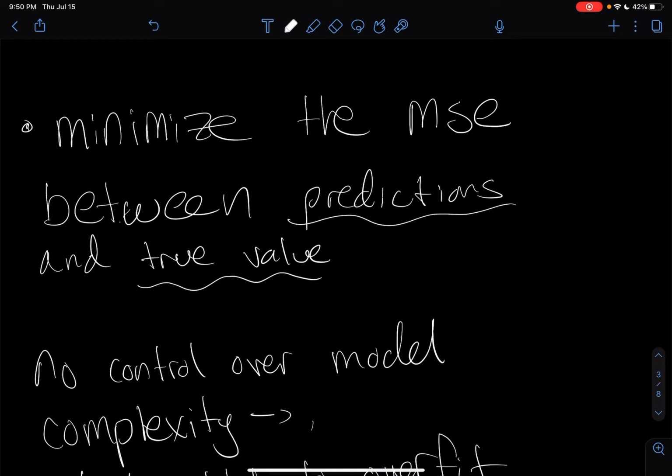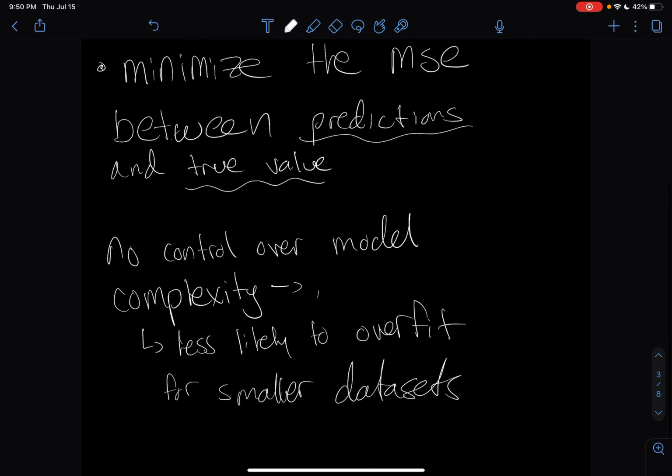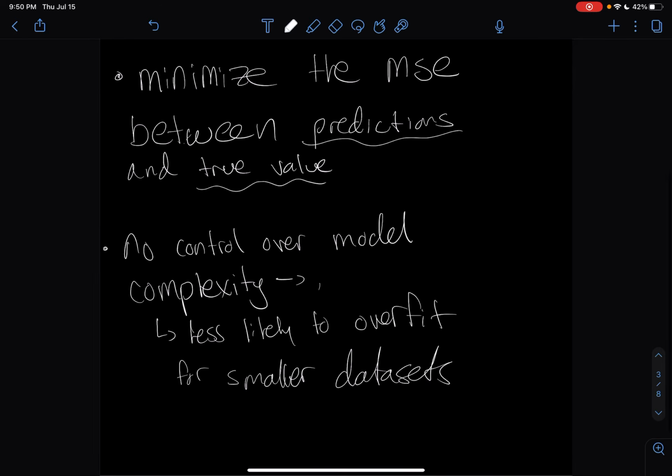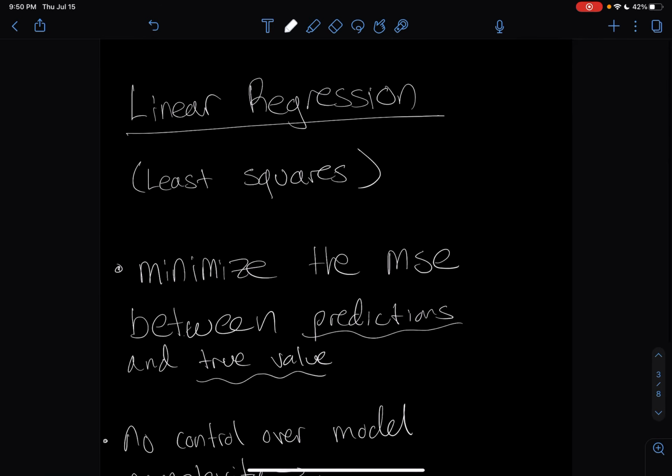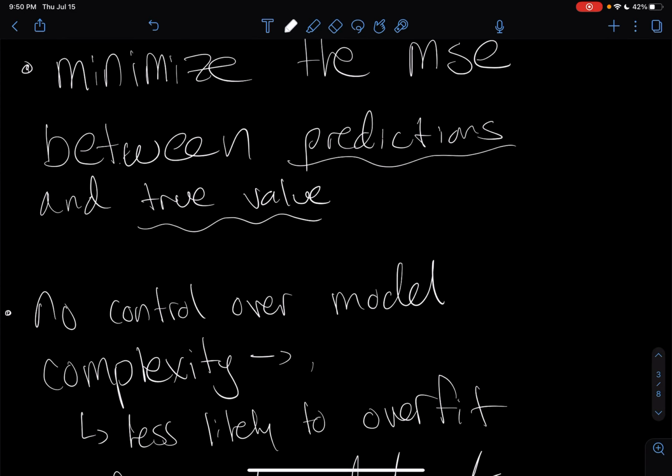That will give us the mean squared error, and we can iteratively train our machine learning model to minimize that. Okay? So there are some things to consider about it. Because this is a very simple algorithm, you don't have much control over model complexity.